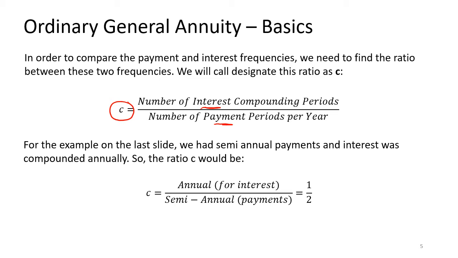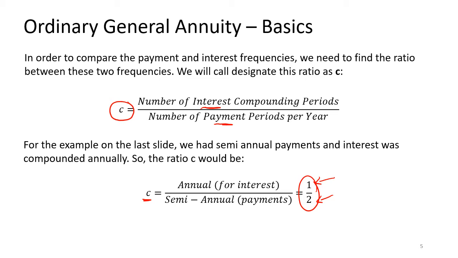So for the last example, our value of C, the number of interest compounding periods, was annually for the question we looked at. So that means 1. And the number of payments, remember we made payments every 6 months, which was semi-annually. So the value in the denominator is 2. So your ratio is 1/2.